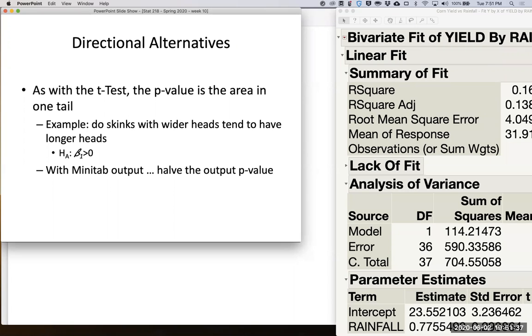Directional alternatives. Like with a t-test, we could choose to go with a directional alternative. It's really pretty easy. Simply say to yourself, take that two-tailed p-value and cut it in half.